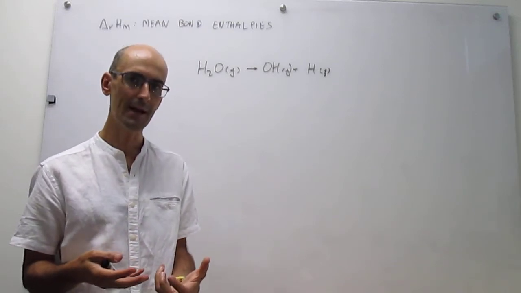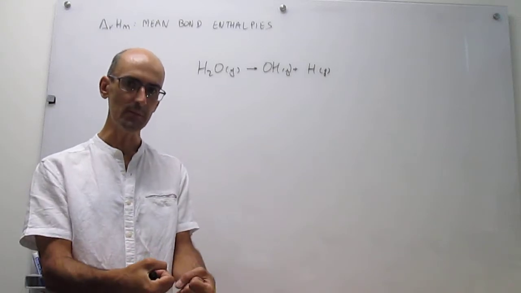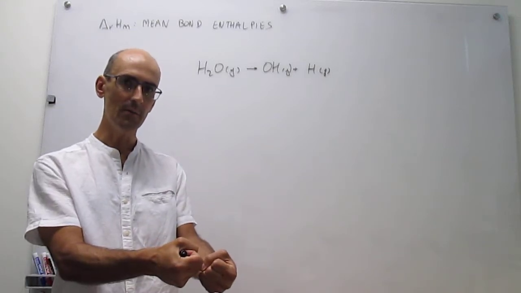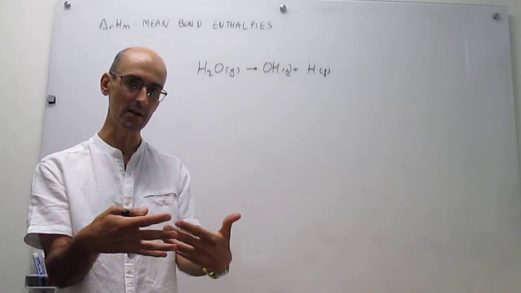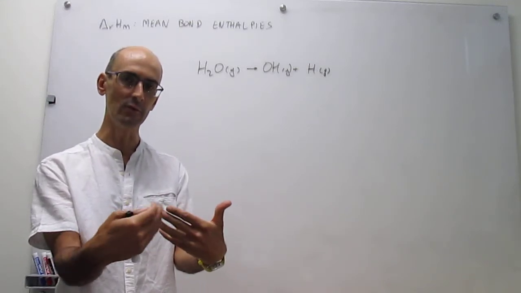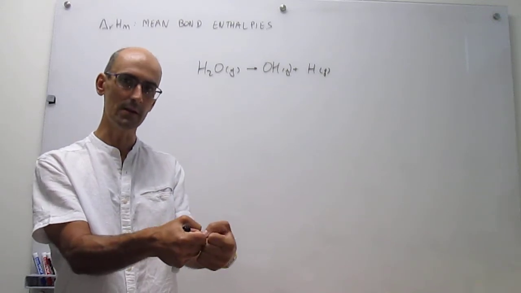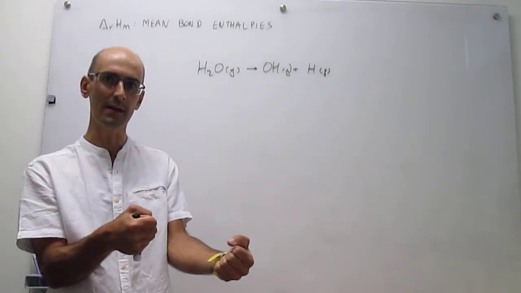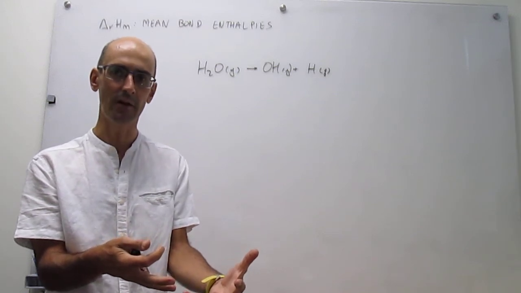Breaking bonds actually takes energy, it costs energy, because what you're doing is you're breaking the interaction of the two electrons that are intervening in that covalent bond with the protons in the nucleus, right? So the idea is that you're breaking that electrostatic attraction that is very favorable, and that costs a lot of energy.